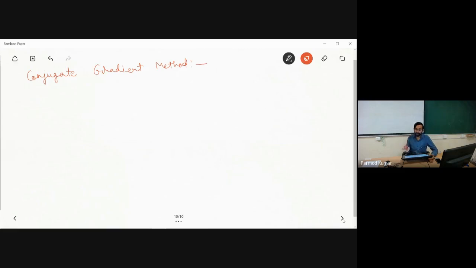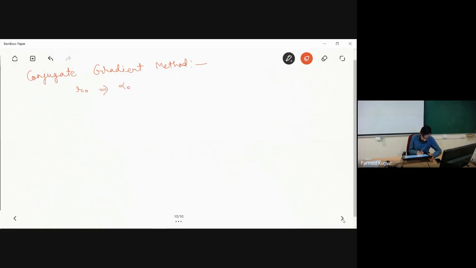So in the conjugate gradient method, the first iteration step we will progress in a similar fashion to that of the steepest descent method. I will consider that the initial residual is R0, and once this residual R0 is known, I can find out the value of alpha 0.